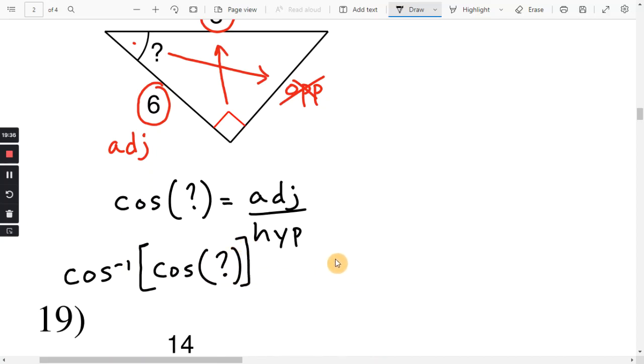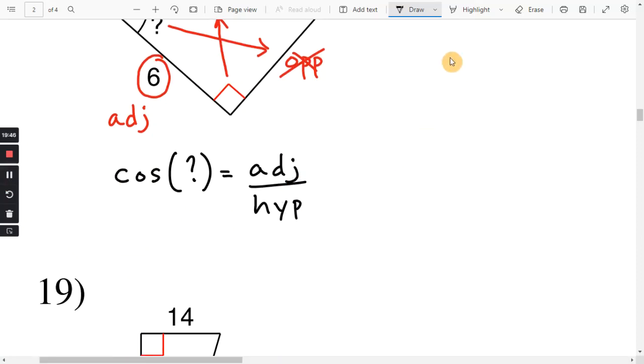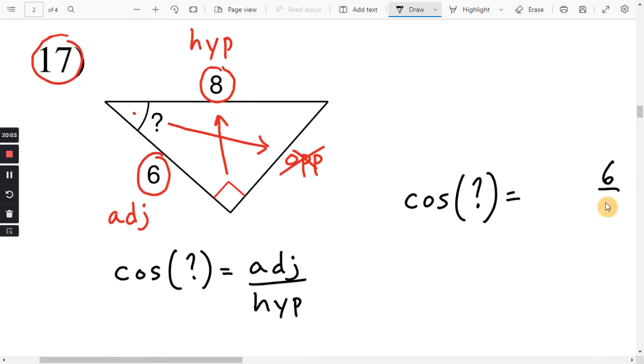Well, before I do inverse cosine, let me fill in the numbers here. Okay, cosine of question mark equals, and leave some space, adjacent is going to be 6, and hypotenuse is going to be 8.